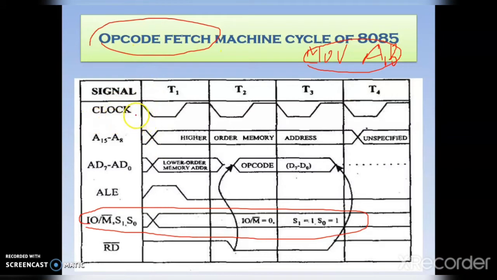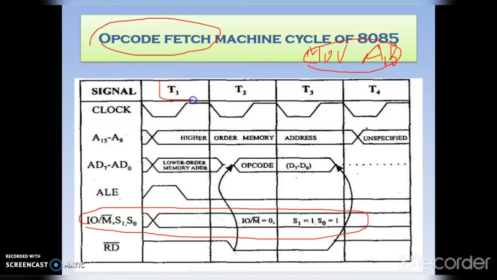The first signal is the clock signal, the second is the higher order address, the third is the lower order address and data, the fourth is ALE, the next are IO/M, S0 and S1, and the last one is the read signal.